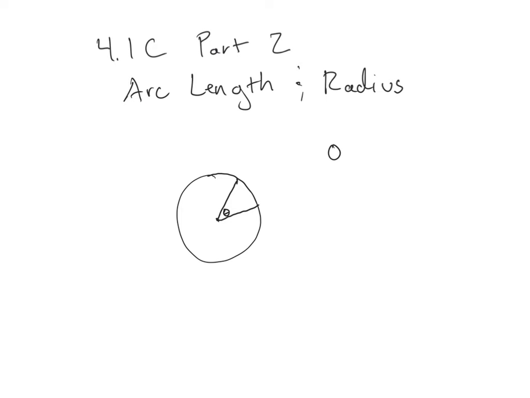Let's say theta here is 30 degrees, and the radius is, we'll just say, 4 inches. And we want to know, what is this arc length? What is this particular length of this circle right here?